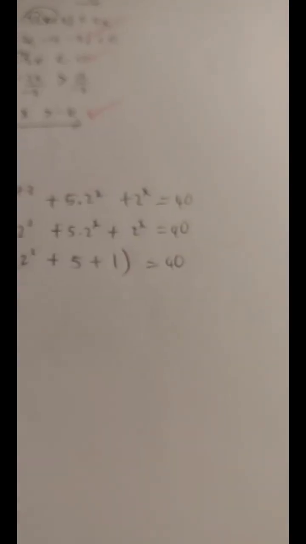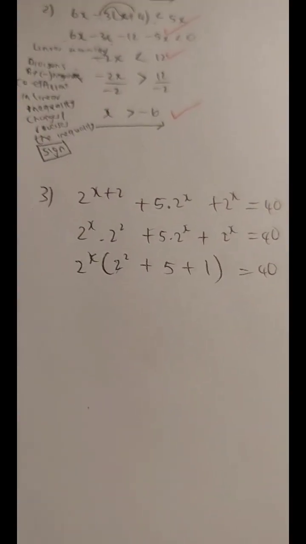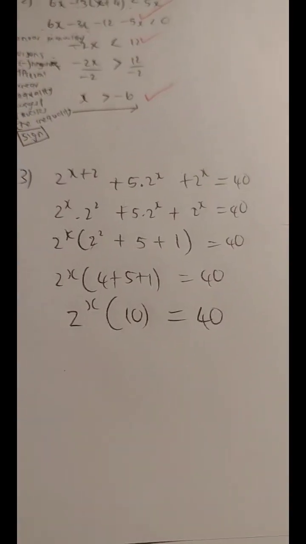For the third, we are left with 1. And that's all equal to 40. So 2 to the power x times (4 plus 5 plus 1) is equal to 40. 2 to the power x times 10 is equal to 40.